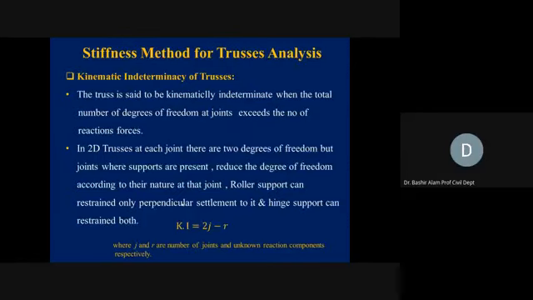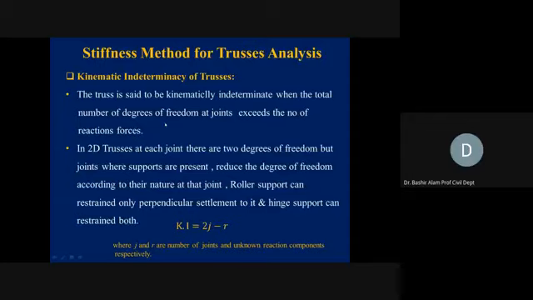Now, kinematic indeterminacy of trusses, how do we find it out? We will be discussing plane trusses, 2D trusses. Regarding the 2D trusses, we will be discussing how we find out this kinematic indeterminacy. The truss is said to be kinematically indeterminate when the total number of degrees of freedom at joints exceeds the number of reaction forces.